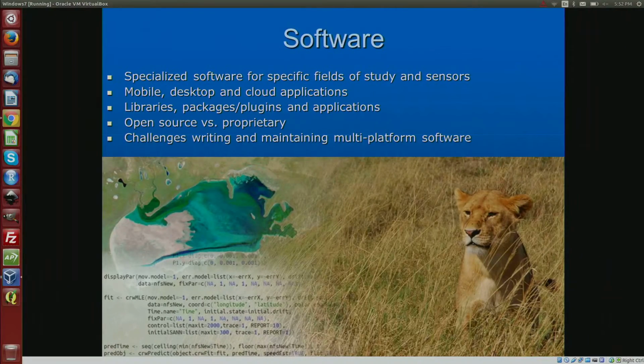Now, the software that we use is probably just as varied and as broad as Earth science itself. There's specialized software for specific domains, and specific software for specific types of sensors. So it is quite broad. I tend to do most of my processing on a desktop. I always have, although a lot of the development trajectories, I guess, are going toward server, clustered, cloud-type applications.